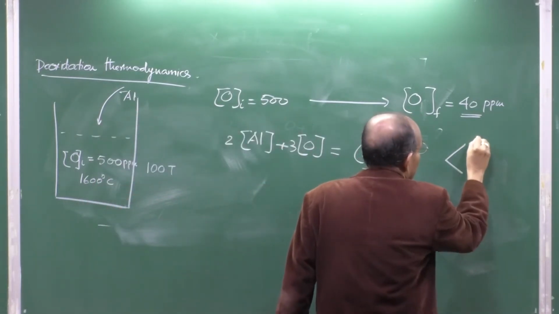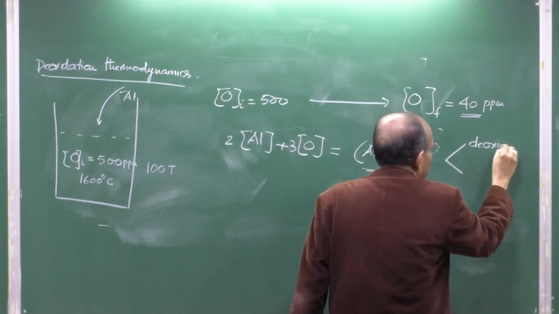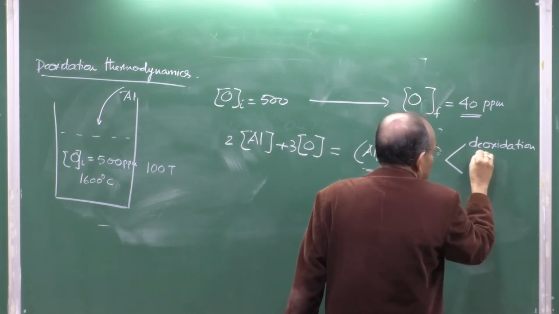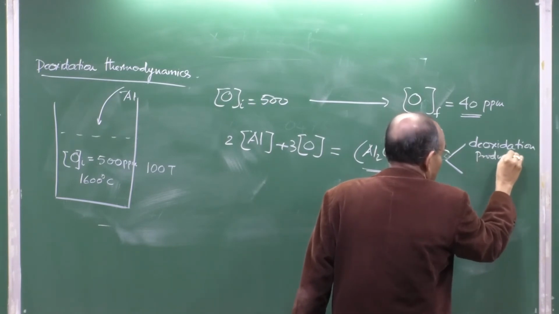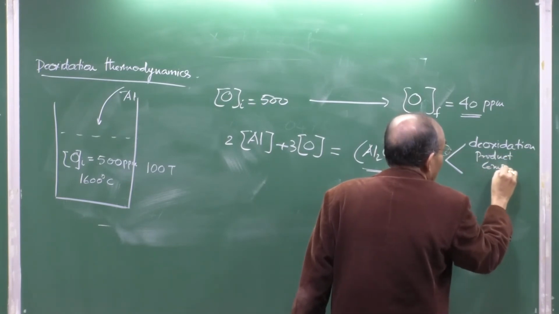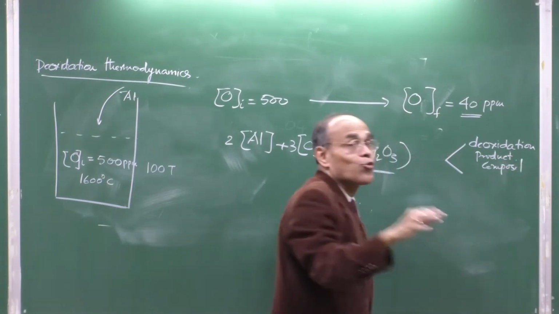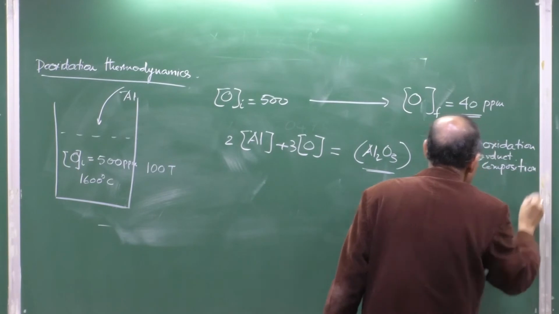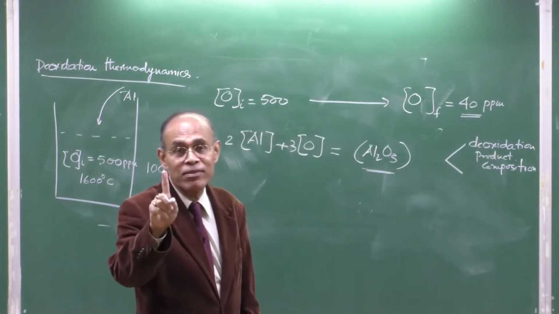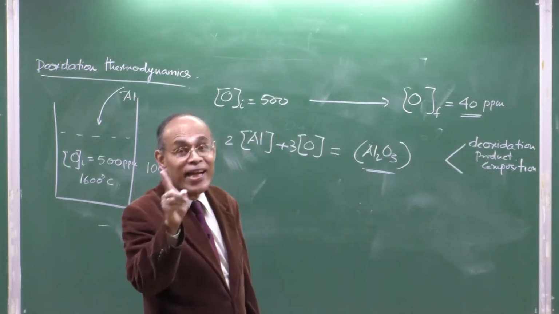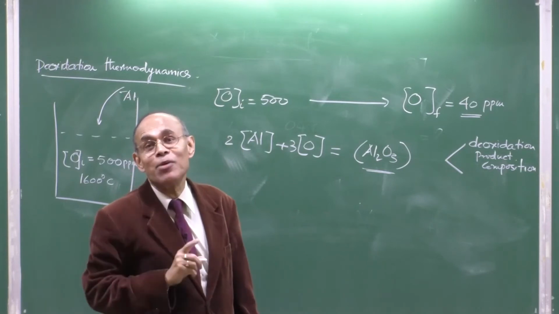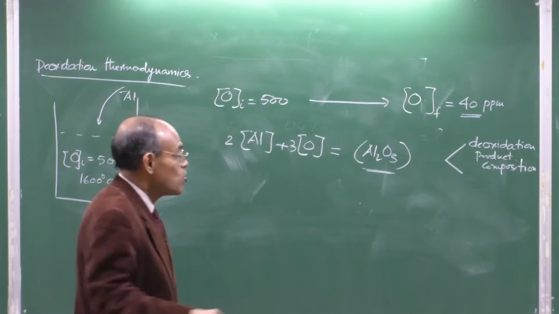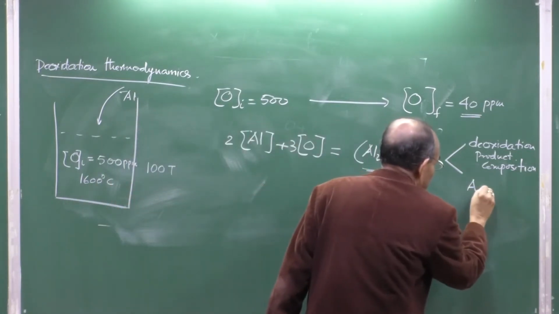One is the deoxidation product composition. How much it is? 45% Al2O3, 30% SiO2 and so on. That composition is to be given, and we have to have activity composition diagrams available to us. You may have seen ternary diagrams, binary diagrams, etc. So, these two pieces of information are to be provided.